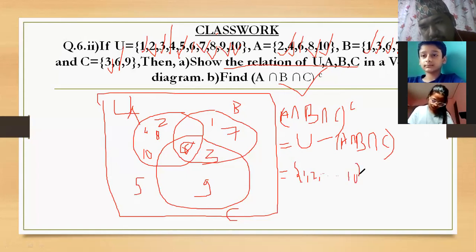And can you tell what is common in all, children? Minus, what is common in all? 6. Good, very good.